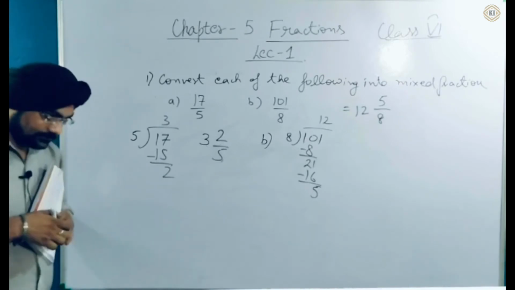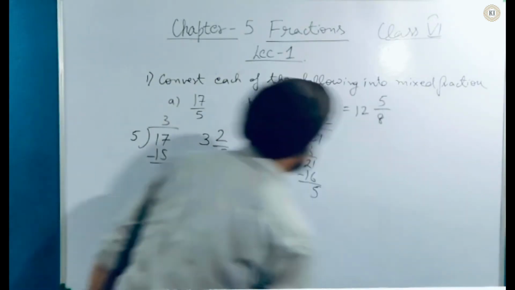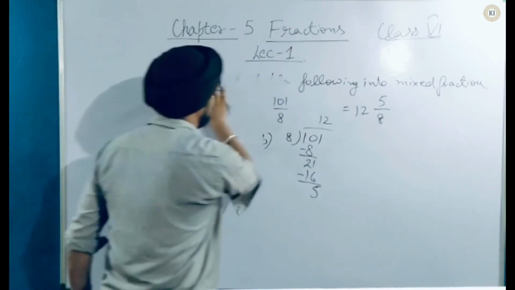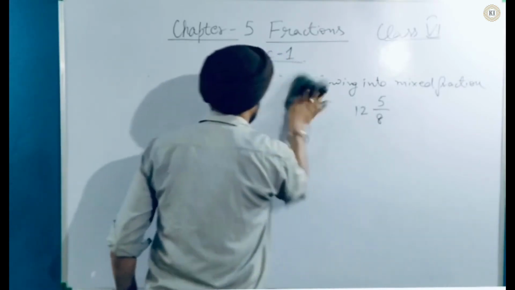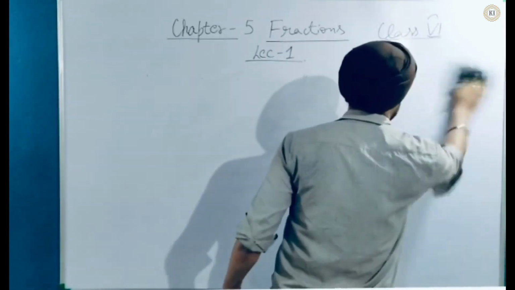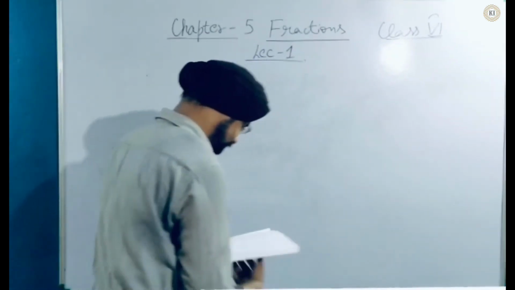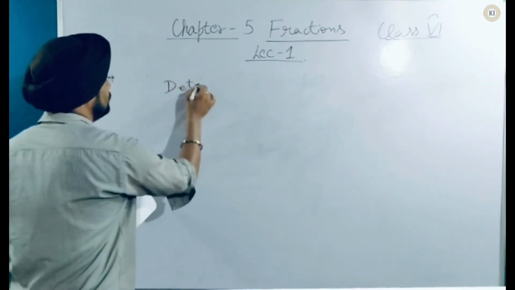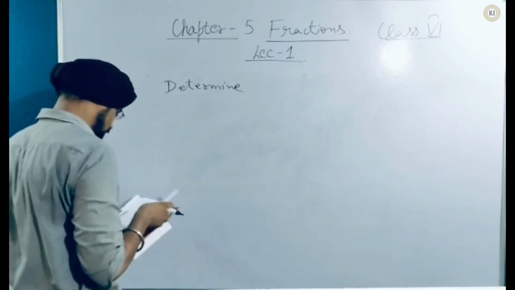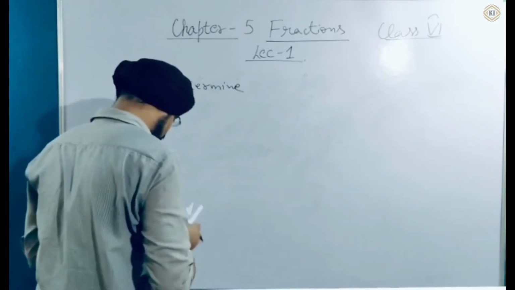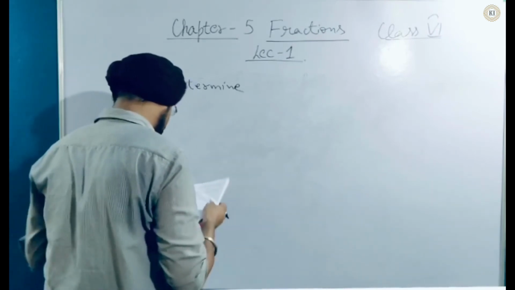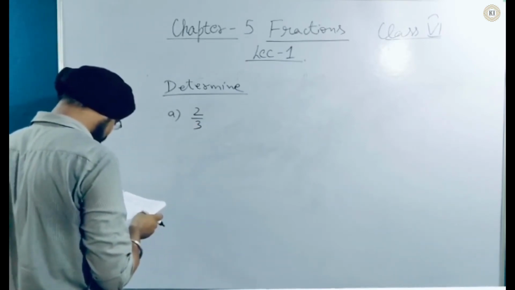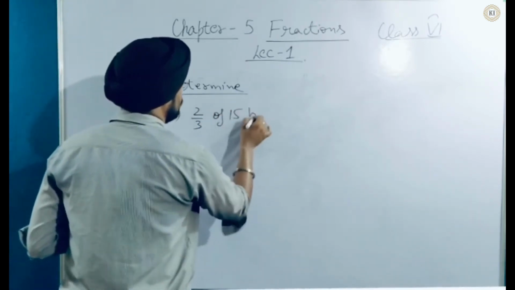Now see the next question. We have to determine the first part: 2 by 3 of 15 pence.